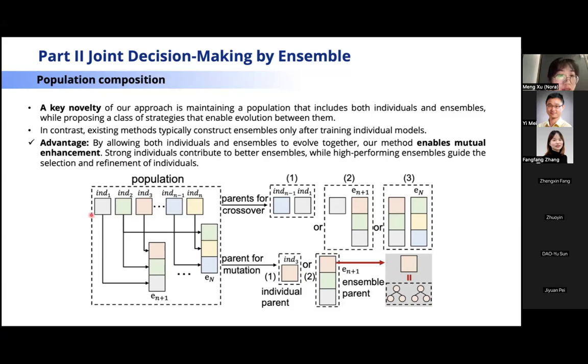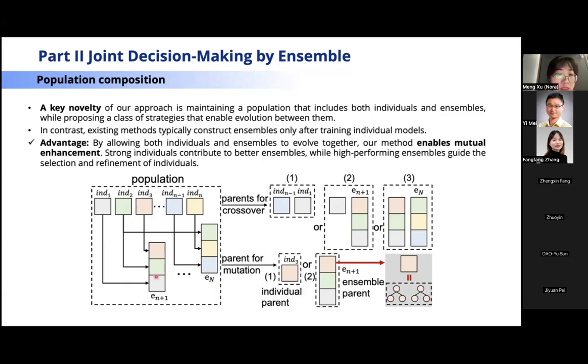And here is a clearer description of the population. We first randomly initialize some individuals, from individual 1 to 3 and to n. Then after individual evaluation, we use the proposed ensemble construction and selection strategy to generate some ensembles.